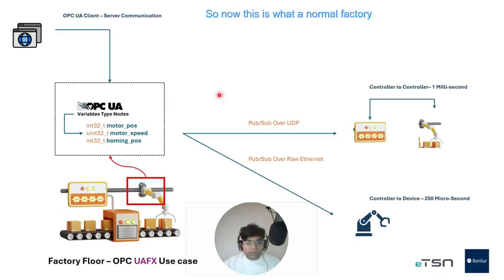So this is what a normal factory floor looks like, and in case you want to push these three variables to the cloud, then you would need an edge gateway or special software or hardware that translates this data, and again you would need a different protocol to push them to the cloud.